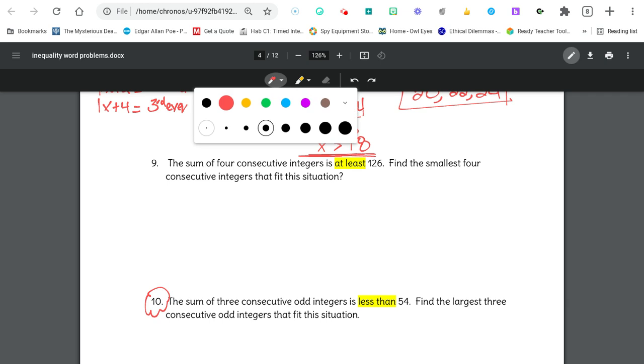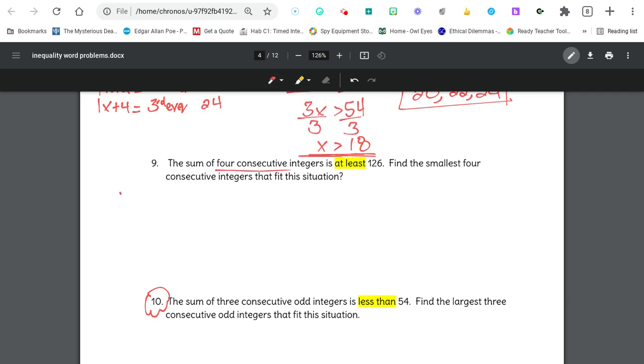9. The sum of 4 consecutive integers is at least 126. 126 at least means greater than or equal to. And I'm just looking at consecutive integers. It says, find the smallest 4 consecutive integers to fit the situation.